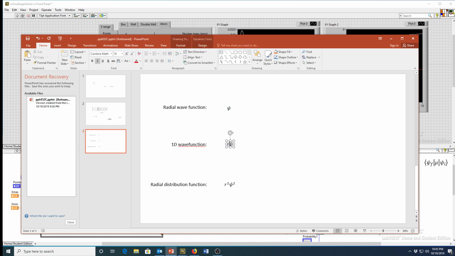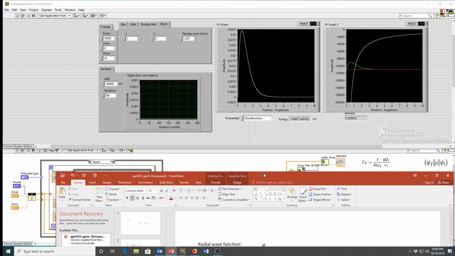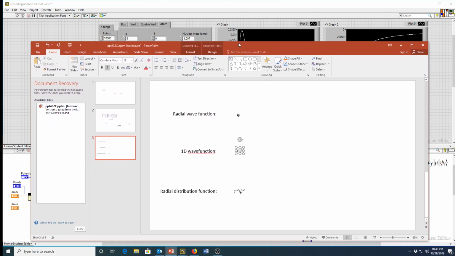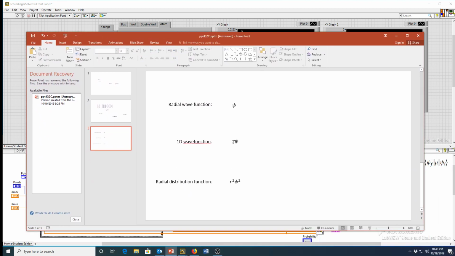What we are calculating, because we're doing this in one dimension, is equivalent to r times the wave function if this was a three-dimensional case. The radial distribution function is defined as r squared times the, actually 4 pi r squared, but we're normalizing these, so constants don't matter. But r squared times the wave function squared.